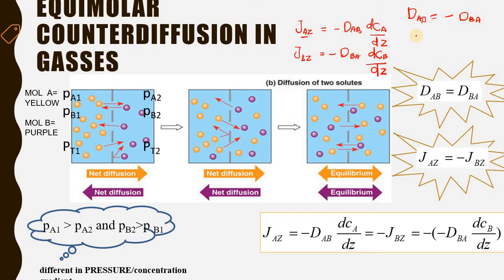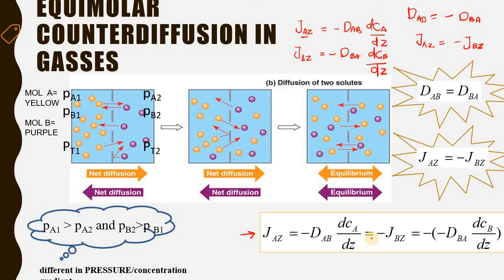Same thing for molar flux. The molar flux of species A in Z is equal to negative of the molar flux of B in Z. If you have the molar flux for A and the question wants the flux for component B, you just put a negative on the value of A. JAZ is equal to negative DAB dCA over dZ, the original equation.